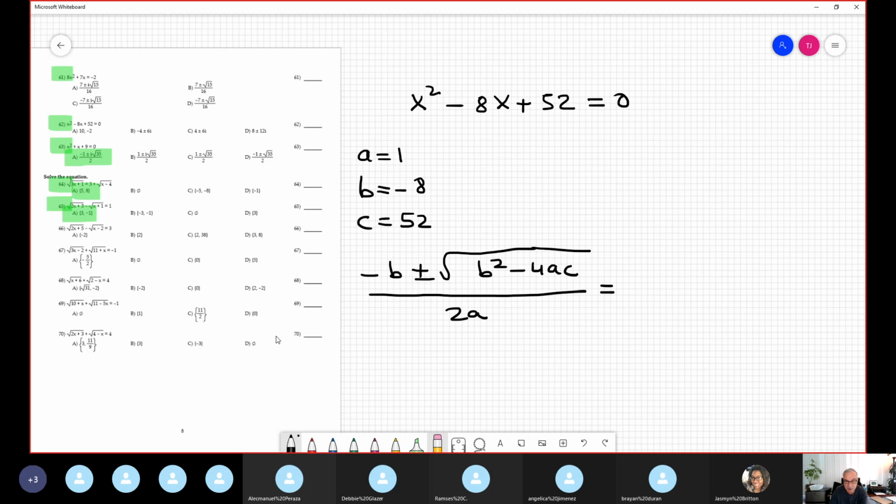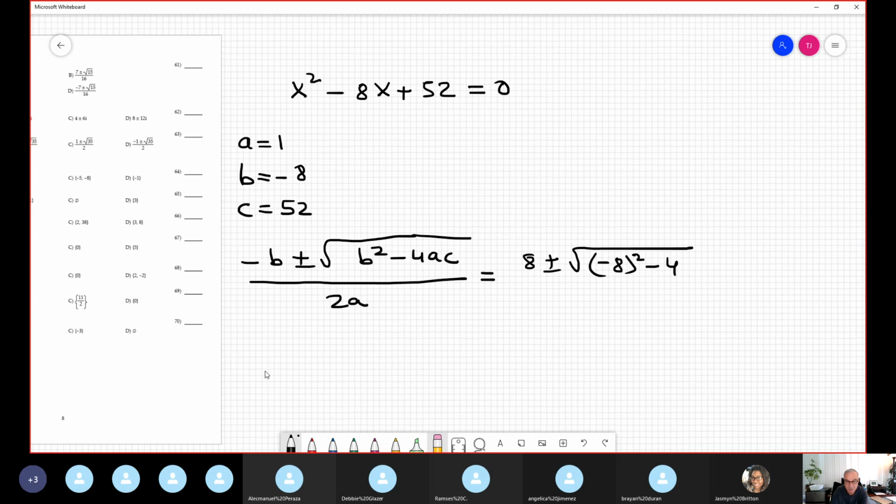Our specific value in this example is B equals negative 8. So you have two negatives in the formula and the value becomes positive. Square root of negative 8 squared minus 4 times 1 times C, which is 52.